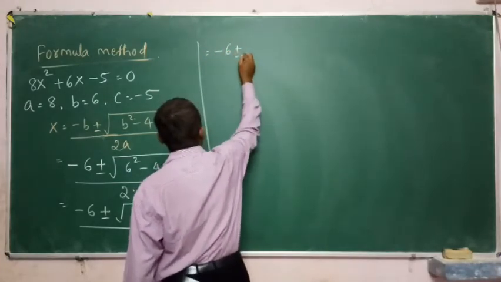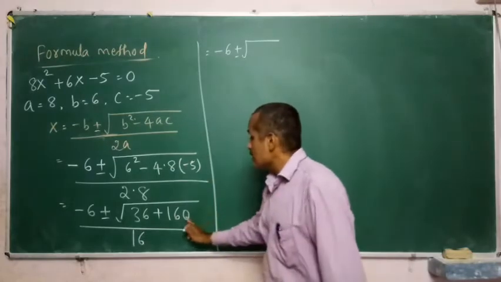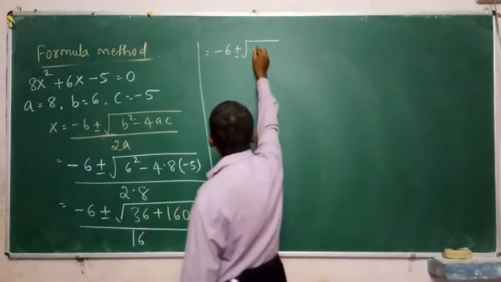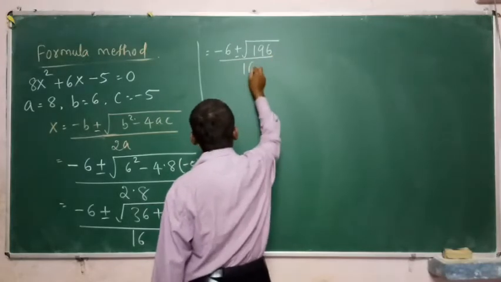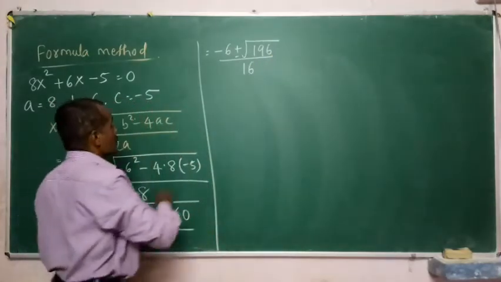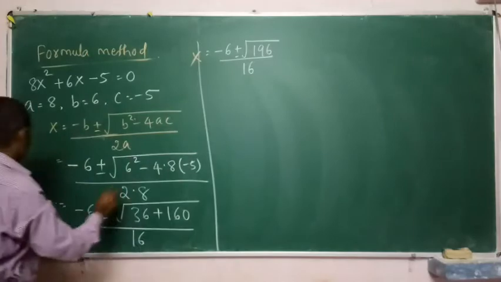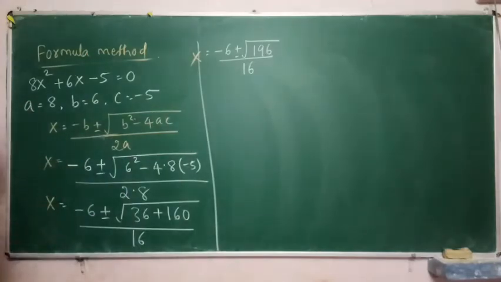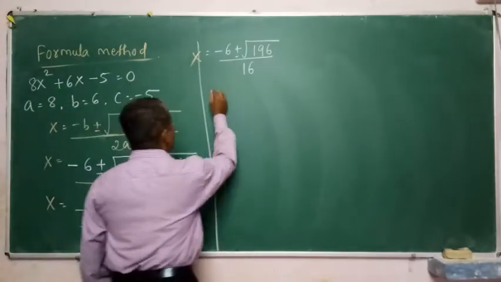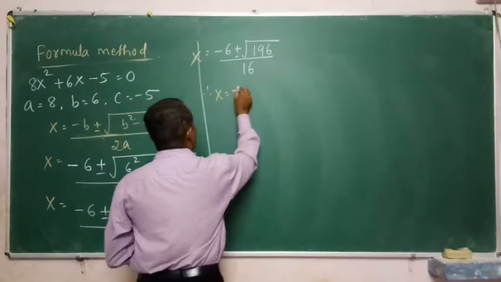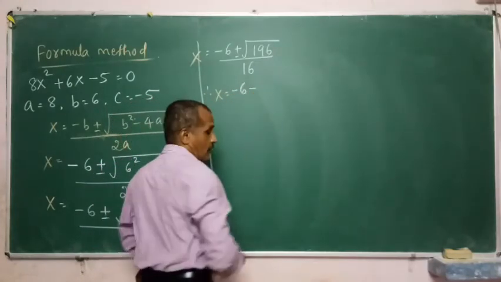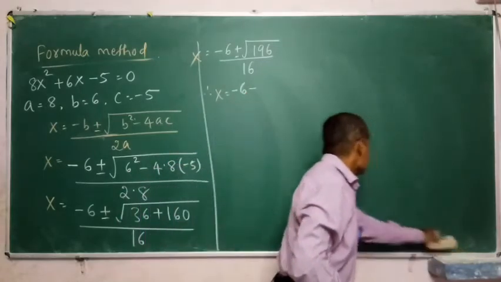Minus 6 plus or minus square root of 160 plus 36 gives you 196, whole divided by 16. x is on the LHS. I can separate it. Therefore, x is equal to minus 6 plus or minus, oh sorry, square root of 196.